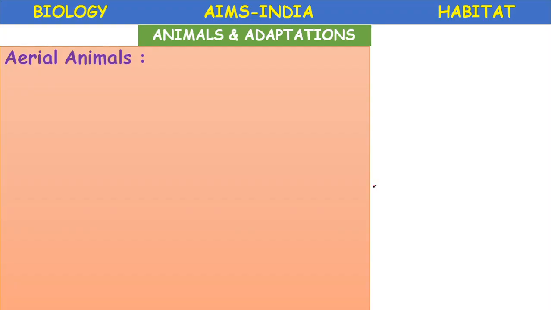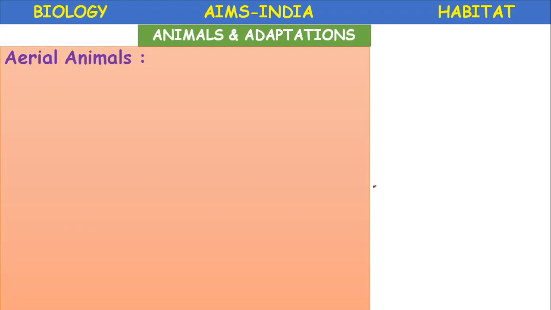Some main habitats we can discuss. So beside habitat, in this lesson we are going to discuss more about the adaptations of the animals living in different habitats. So first, aerial animals.